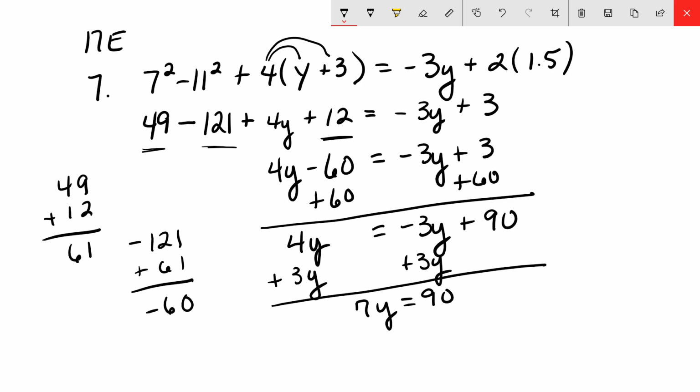Oh, not 90. 63. Where did I get the 90? Oh, I added the 6 and the 3 there. Sorry. Let's erase that. Okay, so 60 plus 3 is 63. 7y equals 63. I'll divide this by 7. I'll divide that by 7. And I'm going to get that y equals 9.